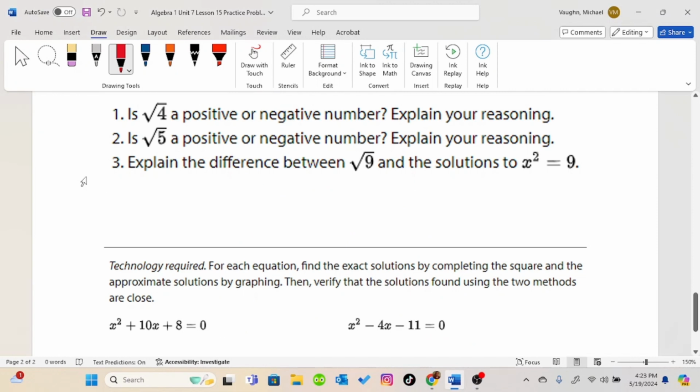Next practice question. Number 1. Is the square root of 4 a positive or negative number? Explain your reason. So this might be a little confusing at first, but by convention, meaning it's customary, the square root of 4 is positive.